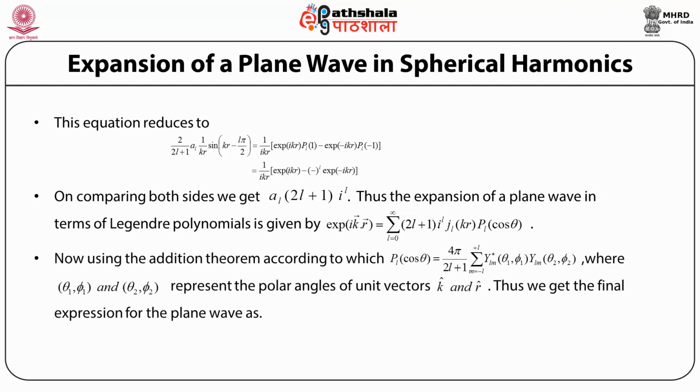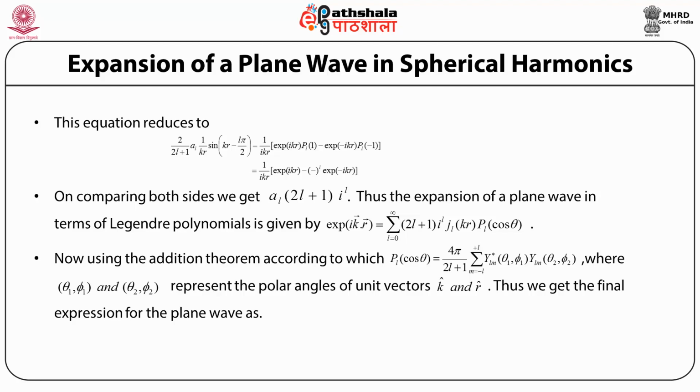Now using the addition theorem, according to which P_L(cos theta) equals 4 pi over (2L+1) times the sum over m equal to -L to +L of Y_LM*(theta1, phi1) Y_LM(theta2, phi2), where (theta1, phi1) and (theta2, phi2) represent the polar angles of unit vectors k and r.